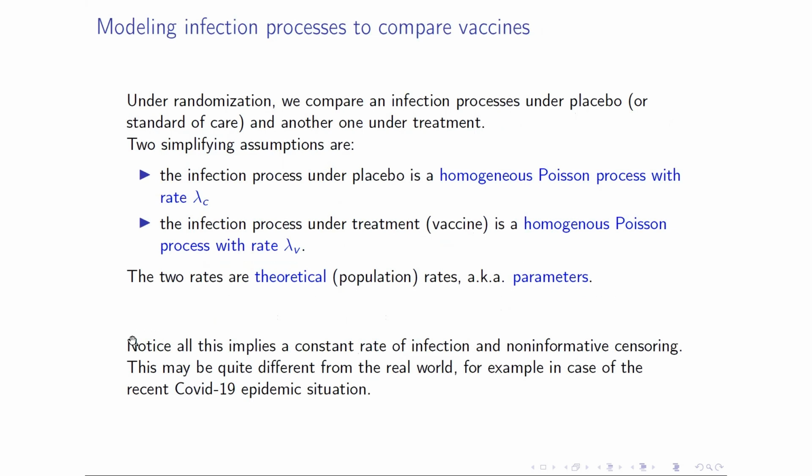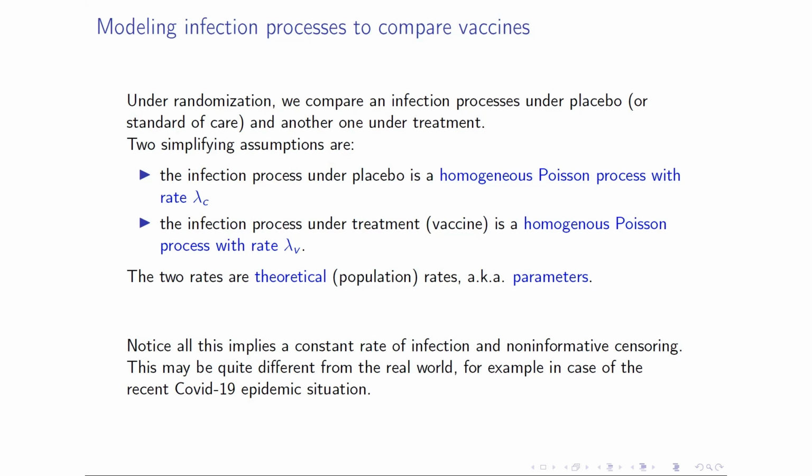Now, I wanted to stress something that you may have thought about. The three lines I wrote down here. Notice that all this implies a constant rate of infection and uniformity in time. This may be quite different from the real world, for example, in the case of the recent COVID-19 epidemic situation. What do I mean here? There have been all sorts of papers and books and studies related to the development of the COVID-19 epidemics over time. So it was the famous peaks. Every one of us was concerned with peaks and troughs and valleys of the contagion curve over time.